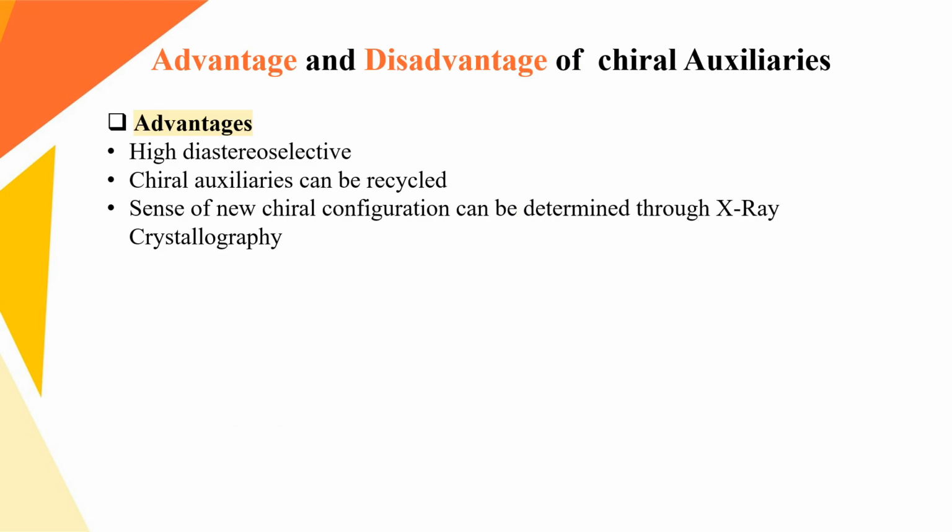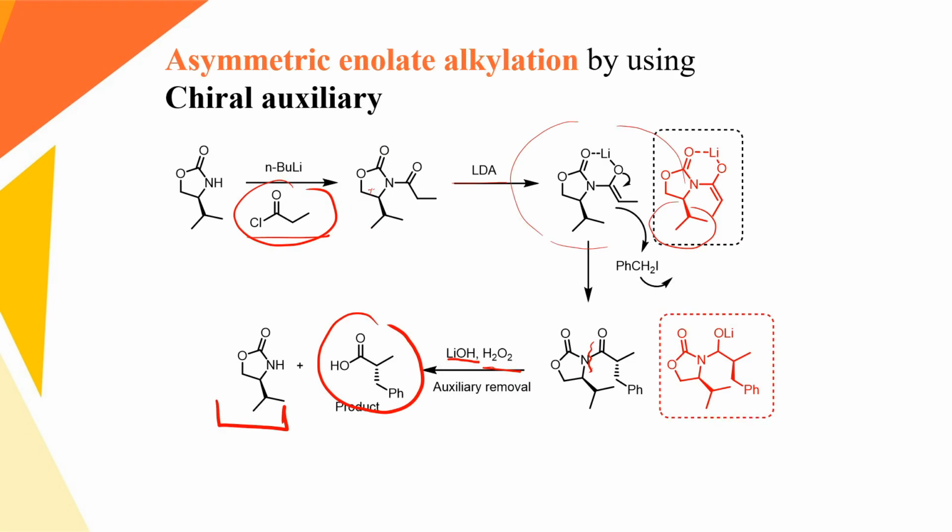Now, what are the advantages and disadvantages of chiral auxiliaries? The advantage is that it is highly diastereoselective, and another thing you can find here is that when this particular asymmetric induction takes place and the final product has been generated with the auxiliary, it forms a diastereomer which is easy to separate via column chromatography.